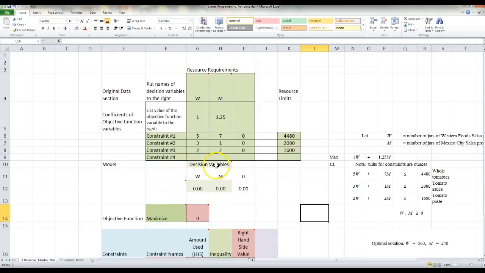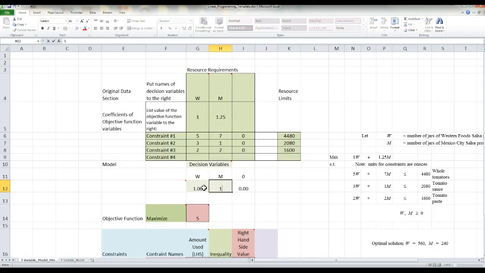Okay, now I've identified the location for my decision variables. These are locations where the final solutions will be placed by the Excel program, linear programming program. I can leave these at 0. 0 doesn't often pose a problem for the program, but sometimes it does.